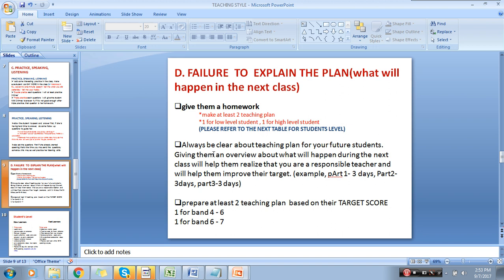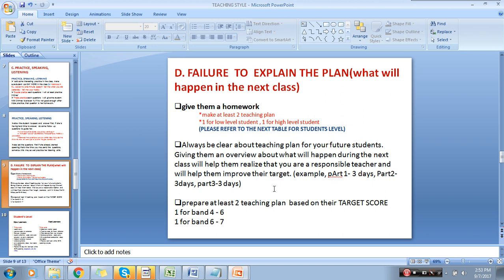Also, always be clear about your teaching plan for your future students. Give them an overview about what will happen during the next class. It will help them realize that you are a responsible teacher and will help them improve their target score.